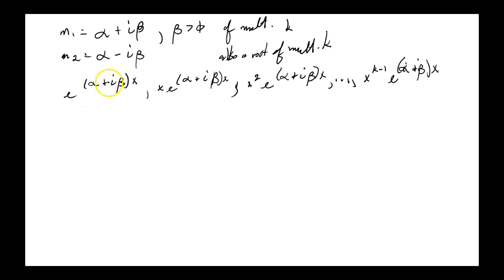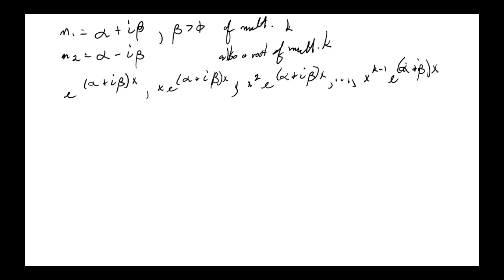That is k of them, but notice the first one doesn't have an x in it. So the first one is with no x, the second one is with x to the first power, the third one is x to the second power, so the kth one would be x to the k minus 1 power.